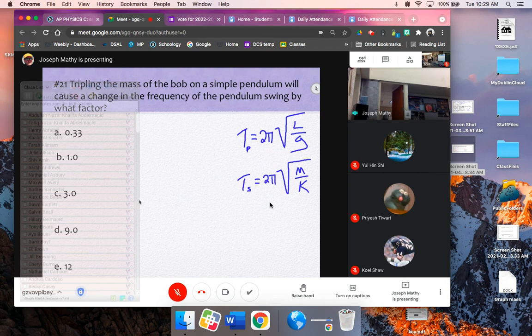So you have two equations for periodicity. Do pendulums usually have springs involved? No, that'd be an awfully weird pendulum. They're trying to trick you. This is the period of a pendulum. If that's true, Benny, what do you think? A, B, C, D, or E? Right on. The size of the mass does not dictate the periodicity of the pendulum. So there we go.